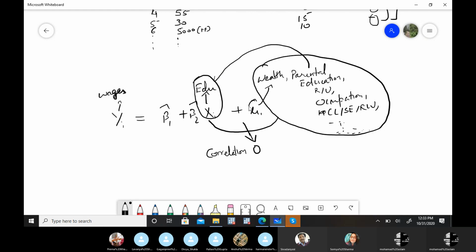But this unknown variable is a combination of all. So it's not always possible that this combination of all the factors will be correlated with X. As an individual factor, it might be. It's always possible that some factor that we are not taking in the model is correlated with the independent variable. But the combination of wealth, parental education, rural-urban, occupation, and so on, there are n combinations, right? That combination is not likely to be correlated with X.